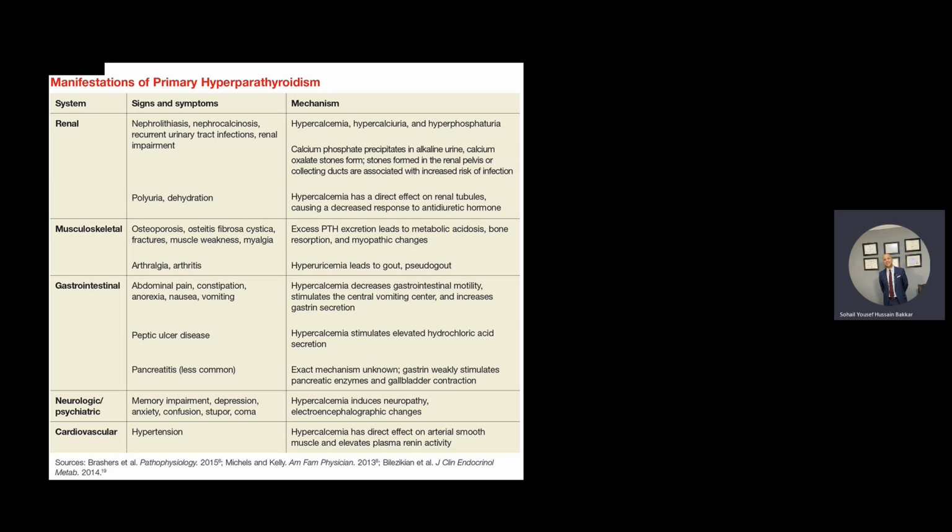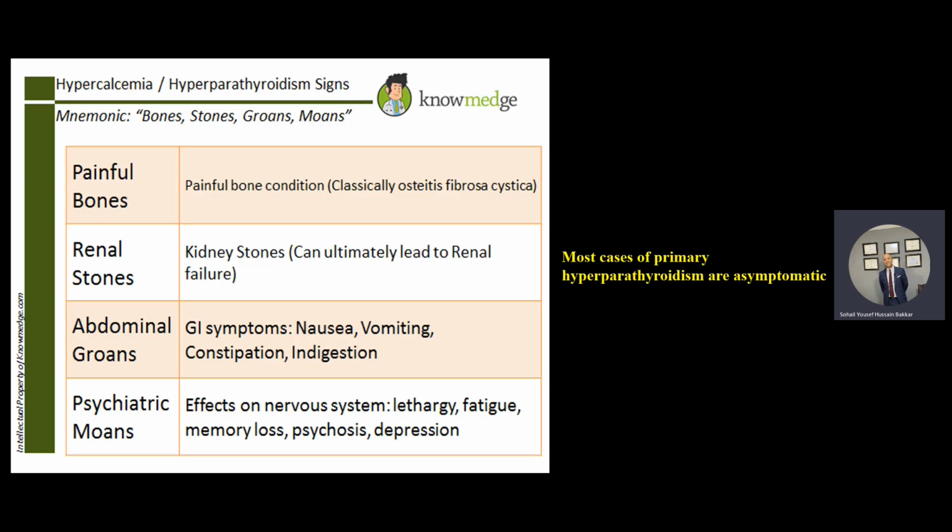So, how do patients with primary hyperparathyroidism present? These patients usually present with painful bones, renal stones, abdominal groans, psychic moans, and fatigue overtones. What do we mean by that?